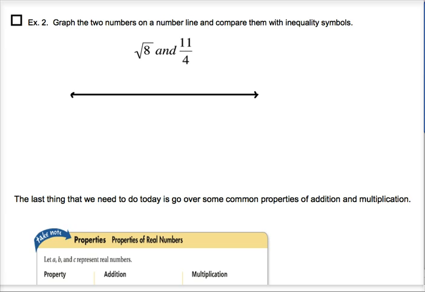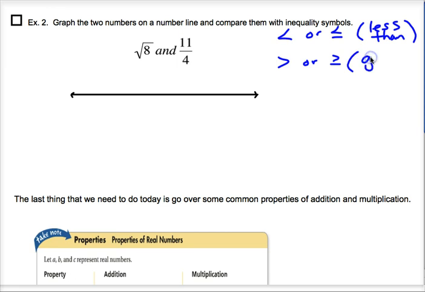Okay, example 2. Graph the two numbers on a number line, compare them with inequality symbols. When I say inequality symbols, that's either this or this, and hopefully you remember what those are. They kind of look like L's, so these are your less than symbols. You got less than or equal to, and then either this or this.